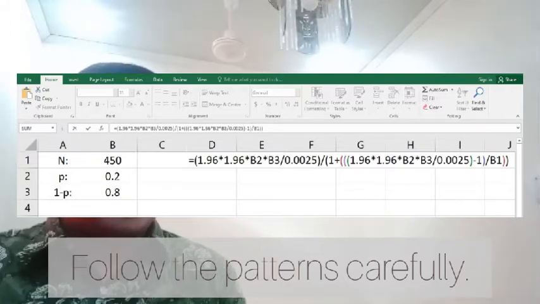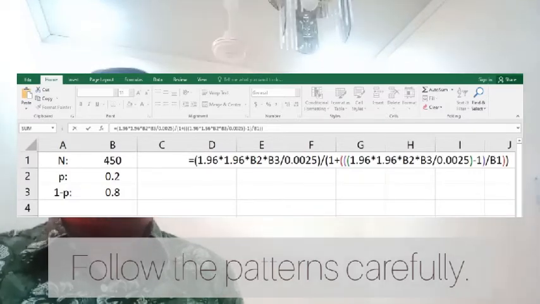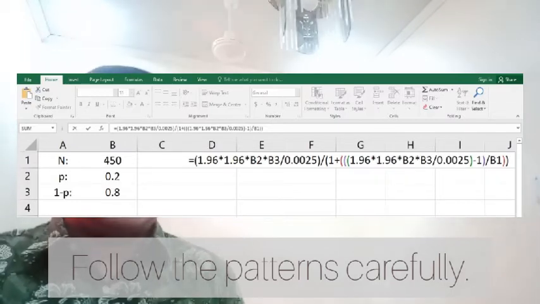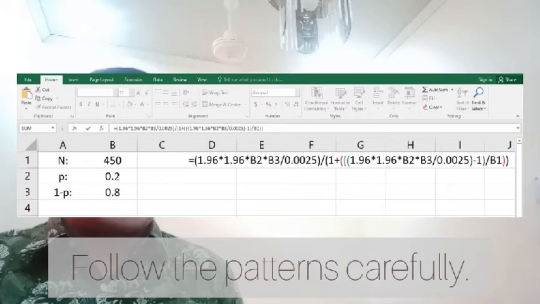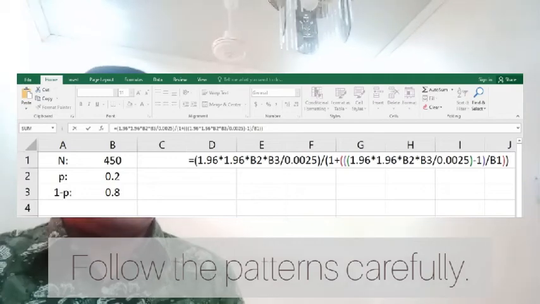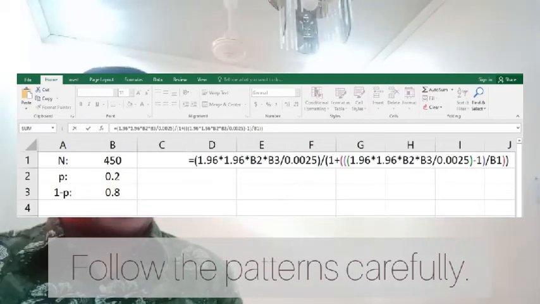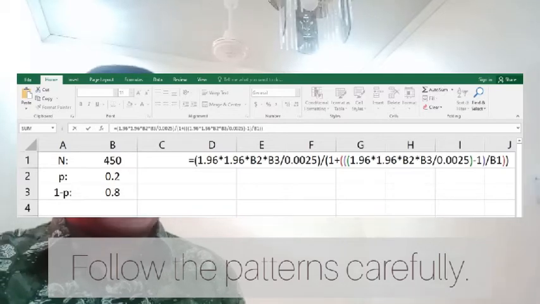On cell B3, type the value for 1 minus P. On cell B1, type that exact formula as it is. Don't miss anything, not even the number of parentheses. So be careful. After typing the formula, hit the enter key to see for yourself the sample size.